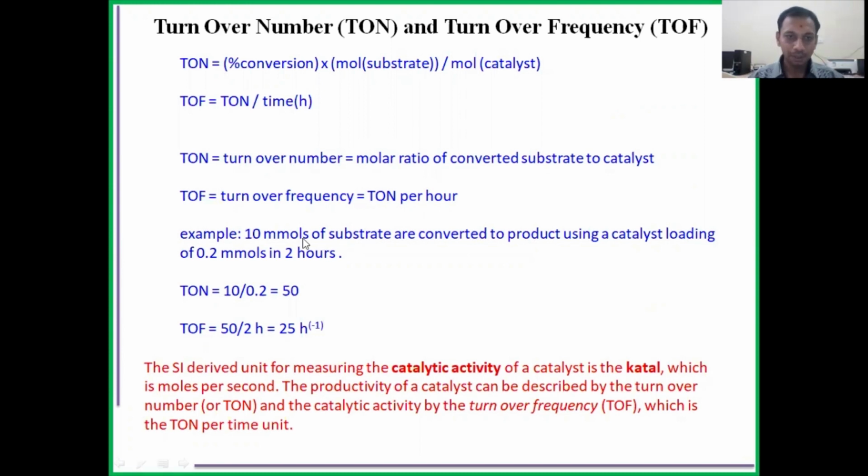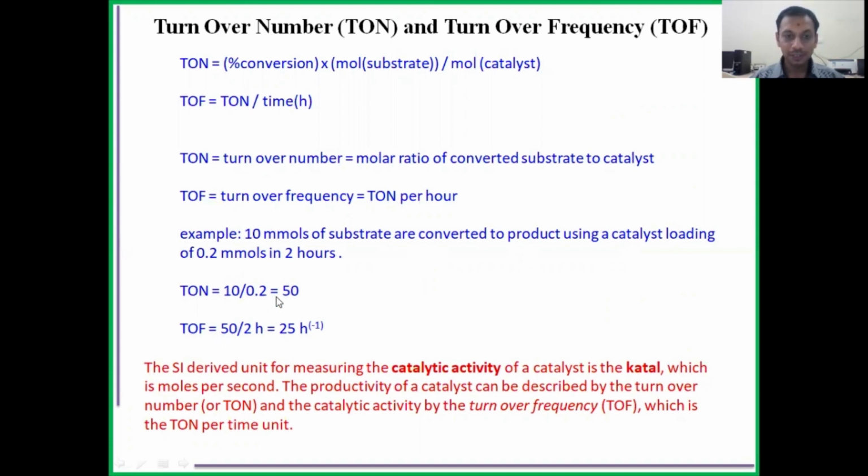So for example, 10 millimoles of substrate are converted to product using a catalyst loading of 0.2 millimoles in 2 hours. So the turnover number is 10 divided by the catalyst loading of 0.2, which is equal to 50. This is the number.